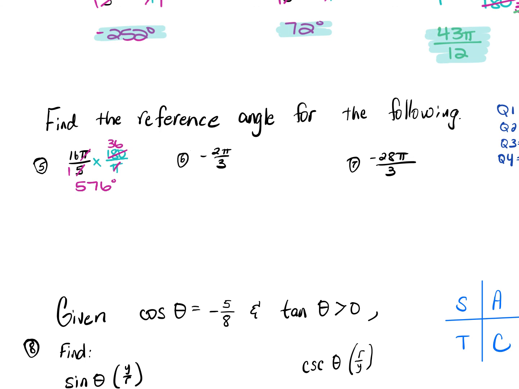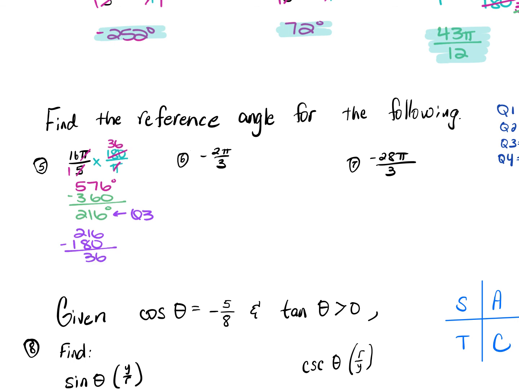So subtract 360 from it to get a smaller angle measurement than 360. This would give you 216 degrees. This 216 degrees is in quadrant 3. So you are going to take that 216 and subtract 180 from it. That 216 minus 180 gives you 36.